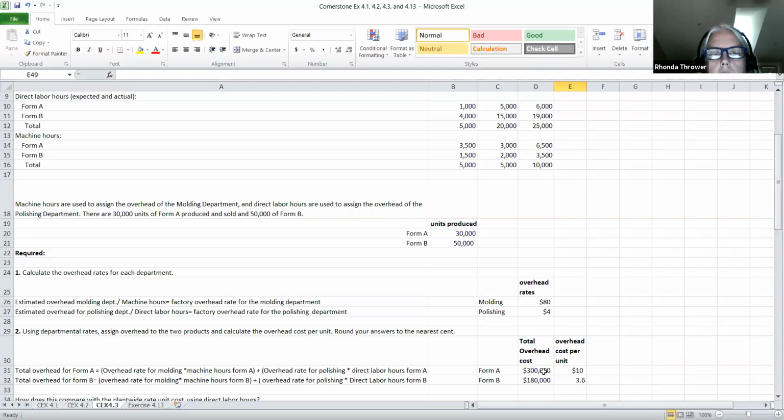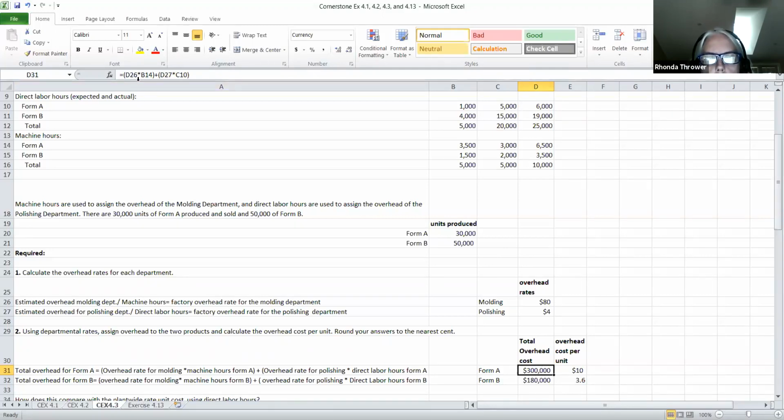Be very careful and pay attention to this formula, because it's very important that you learn it. You have to be able to calculate the overhead cost before you can calculate the overhead cost per unit. I'm going to click on this so you can see the formula up here.